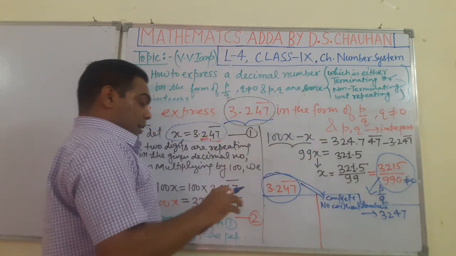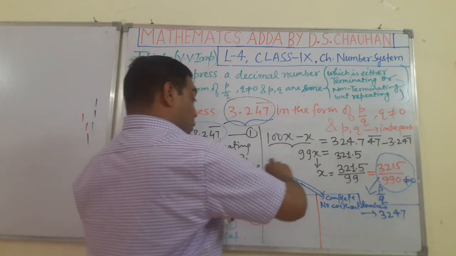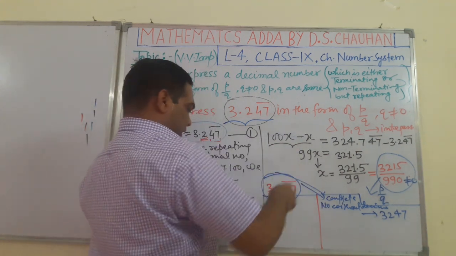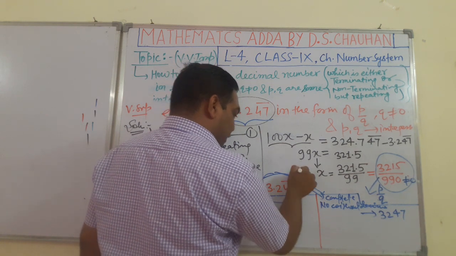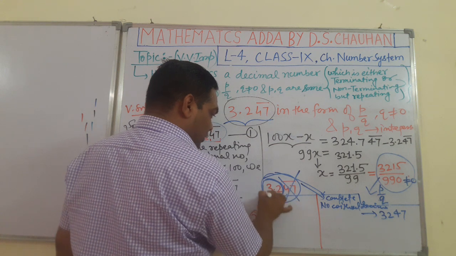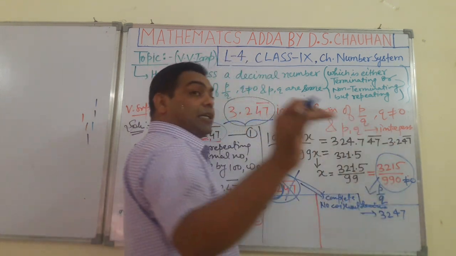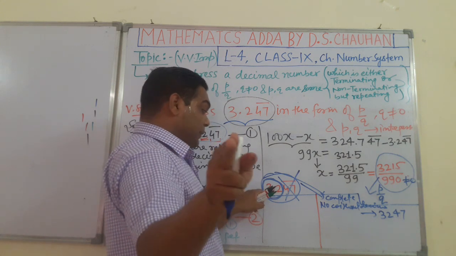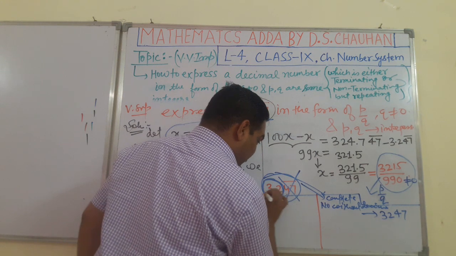Now, students, subtract the numbers which are not repeating. Here numbers 4 and 7 are repeating. You cut them, and what is the remaining number? You subtract it from this number, but the number must be without decimal. So without decimal, what will be the remaining number?